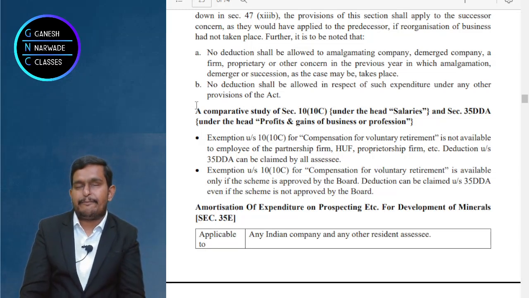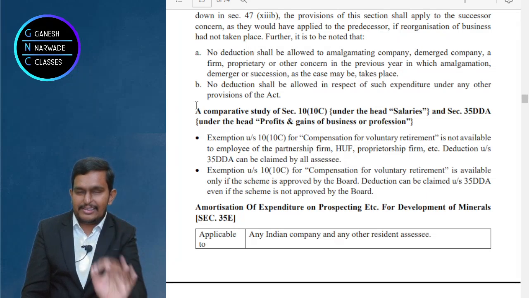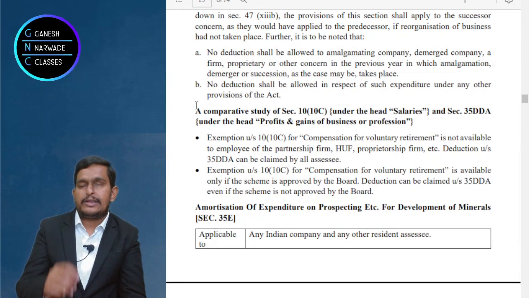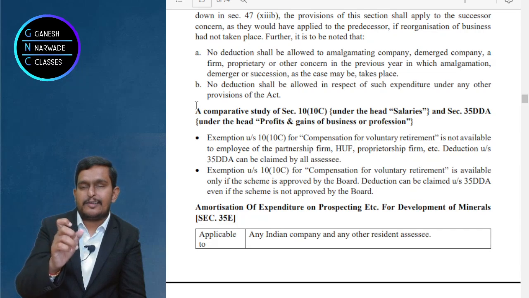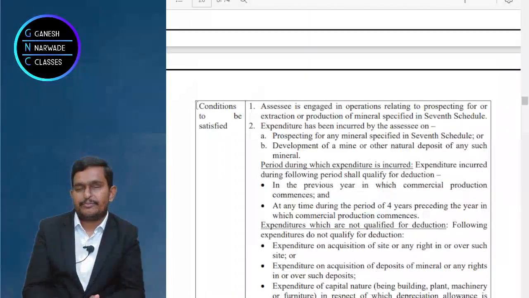That means a partnership or HUF is also okay to get the deduction under 35E, but they should be resident. In which business should you be engaged? Prospecting, extracting or production of mineral oils, or development of the mines.